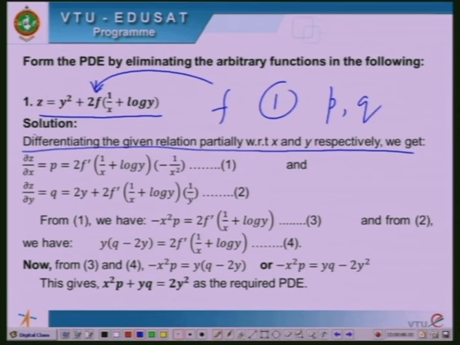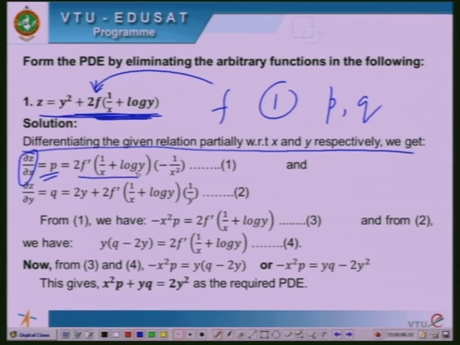So, z in the LHS changes to dou z by dou x, which is also equal to p. In the RHS, the first function y square is a constant with respect to x, so that is 0. Then the derivative of 2 into f of 1 by x plus log y is like this. First, differentiate the function f, which will give you 2 into f dash.